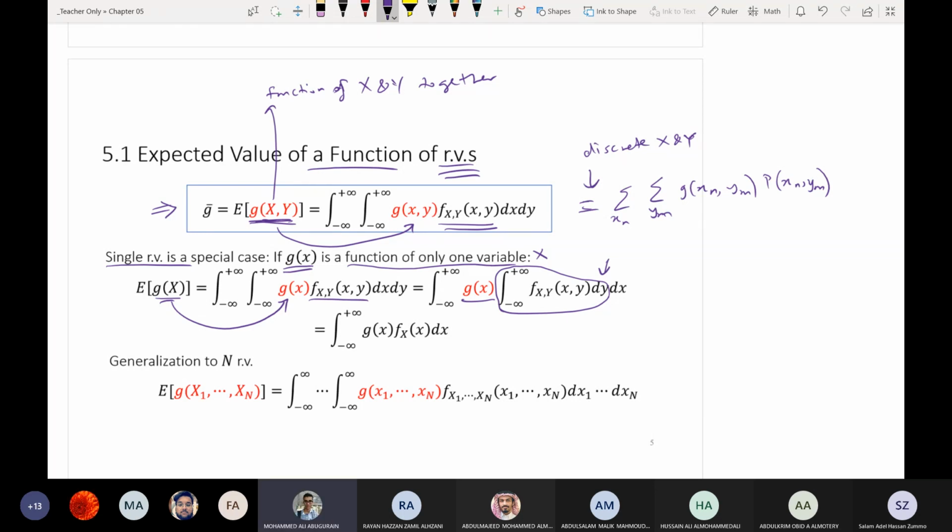It will be fx of x, the marginal of x. Remember, always how do we get the marginal? When we integrate or sum over the other random variable. Okay, so this is fx of x. So basically this becomes the integral of g of x multiplied by fx of x. And this is what we have done in chapter, same as in chapter how many? 3.